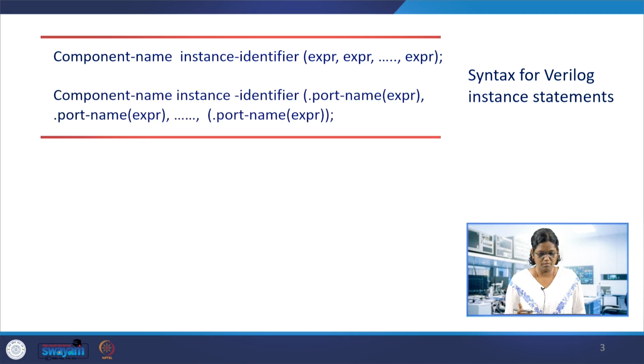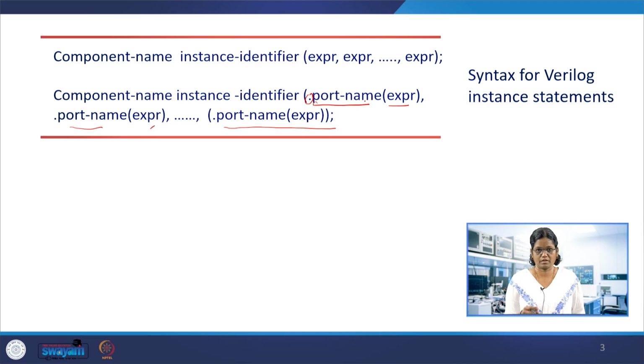The second format is the component name and instance identifier. Also within the bracket we have dot port name, and the expression, that is the local expression, also a comma, dot port name, expression, and it continues within the bracket. So this is format 2.